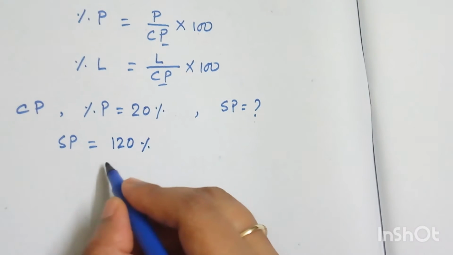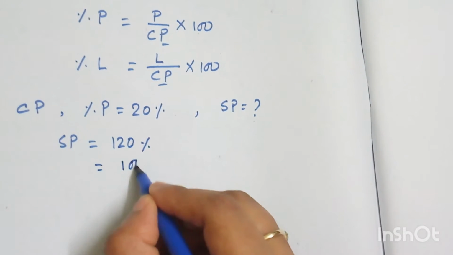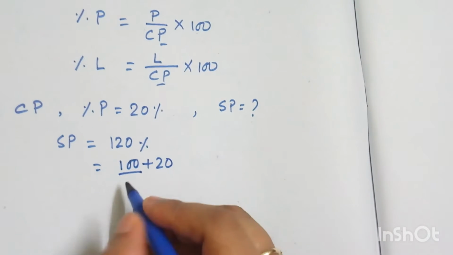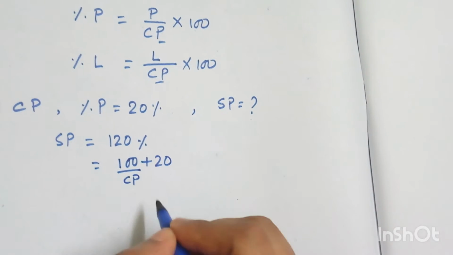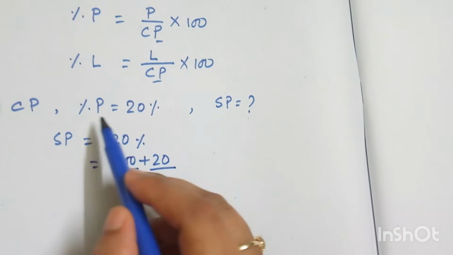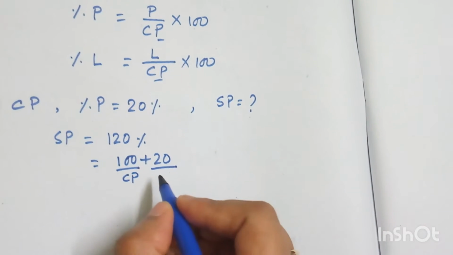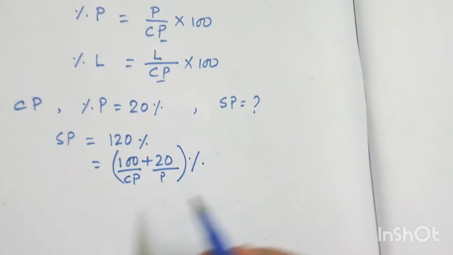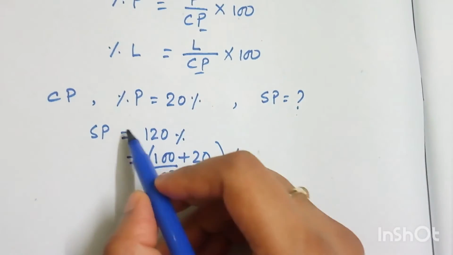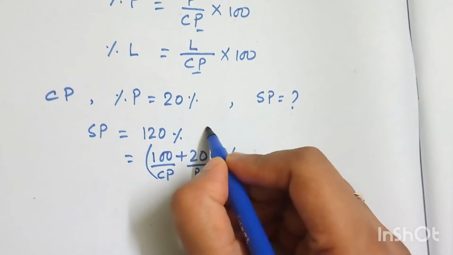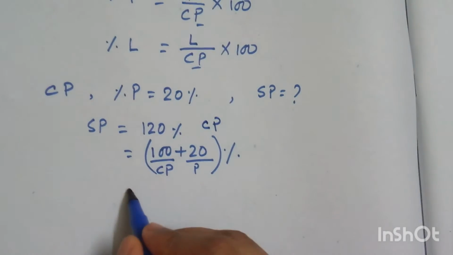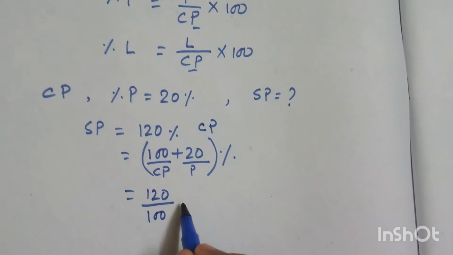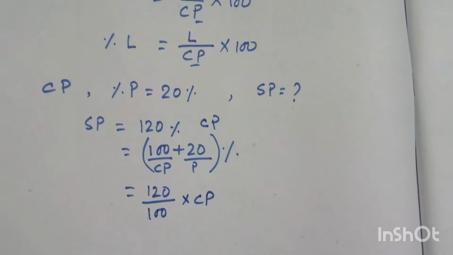How can we get that? 100 plus 20. We can assume CP means cost price is 100% and 20% is the profit. Then the whole thing is 120%. That means 120% of cost price, which is 120 by 100 of CP.